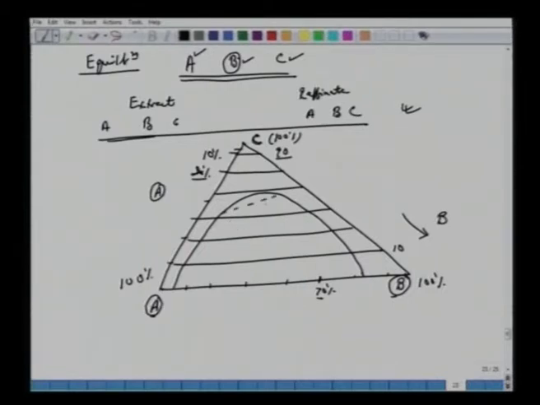So this is your Y versus X. So essentially also you have a data Y versus X, which you have marked and which you have connected here. So this is extract, and this side it's a raffinate.